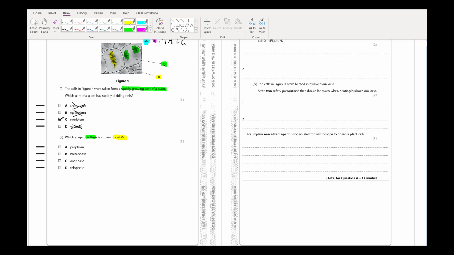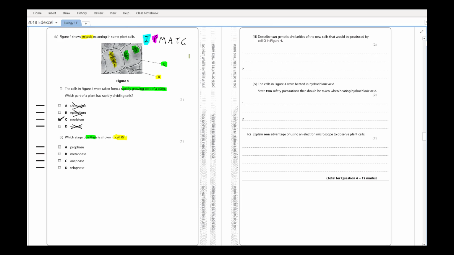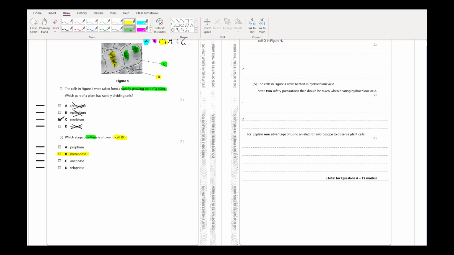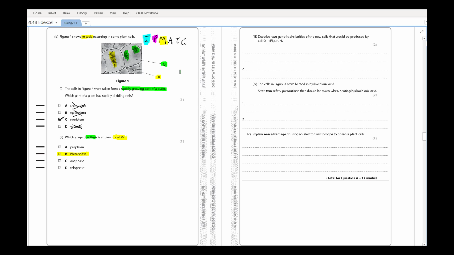The next phase is metaphase, where the chromosomes line up across the middle, so it's definitely metaphase. Then Q is anaphase, because the chromosomes are being pulled apart to each side.